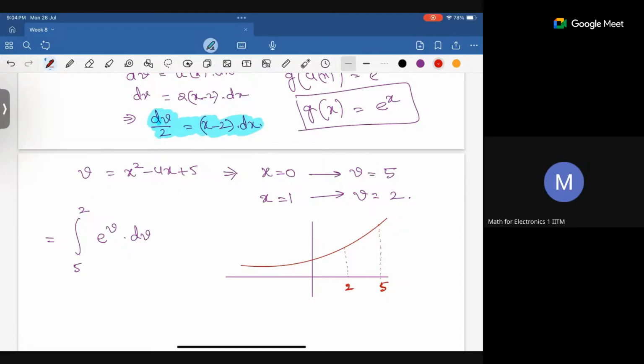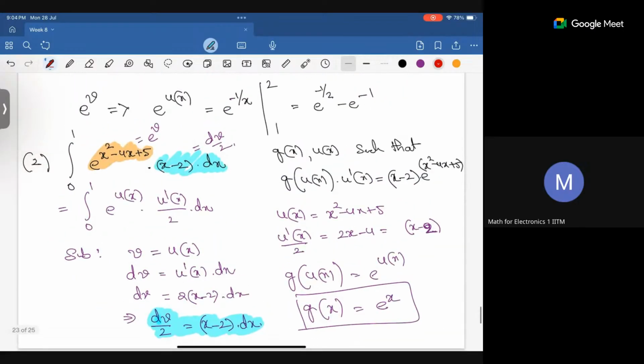Okay, so we are not integrating from 2 to 5. We are integrating it from 5 to 2. What will happen? Any guesses from anyone?